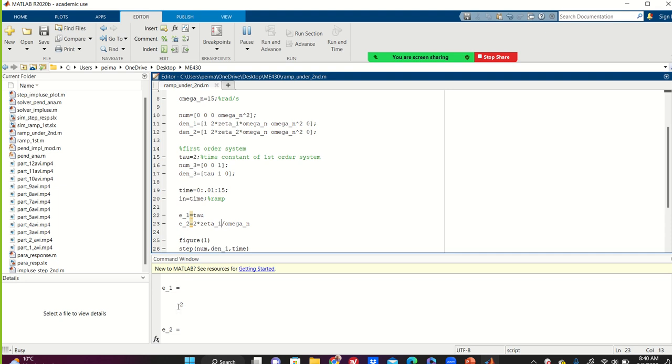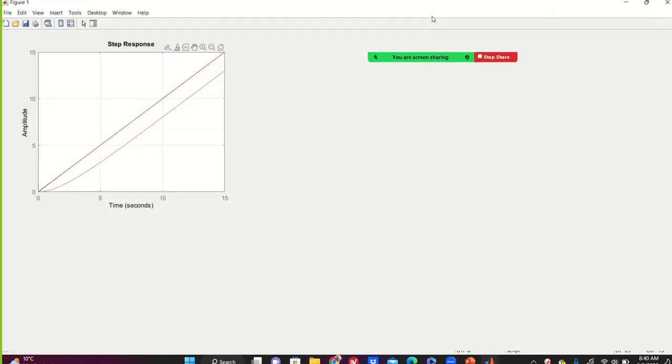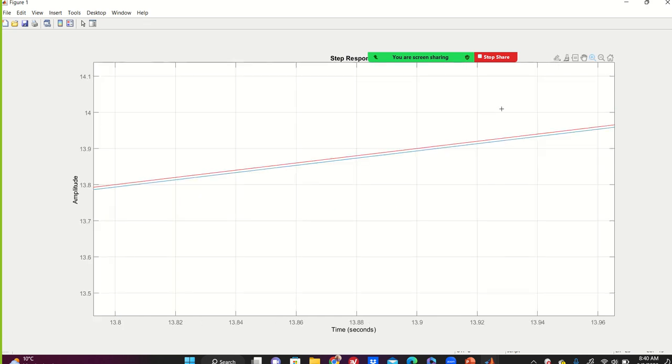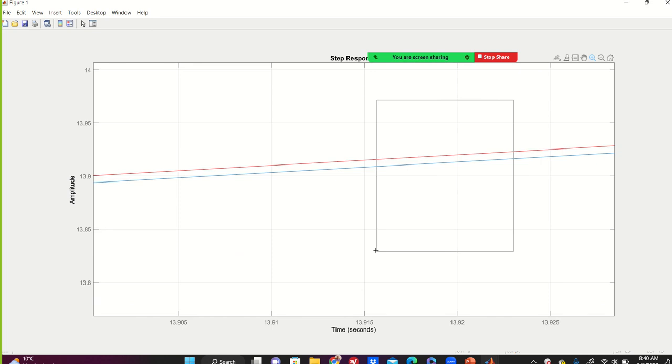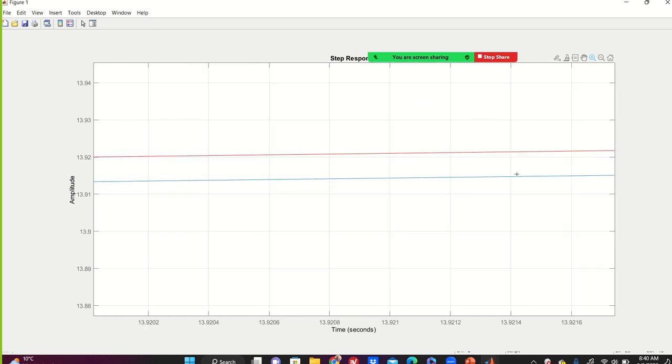So the steady state signal was 2. His was 0.0067. Let us see it. Exactly. Here is 10. Here is 8, 2 for the first order system. But this is going to be a very small number, the steady state signal. See? Here we go. It has a steady state signal, but a very low value, exactly 0.0067. See, constant.